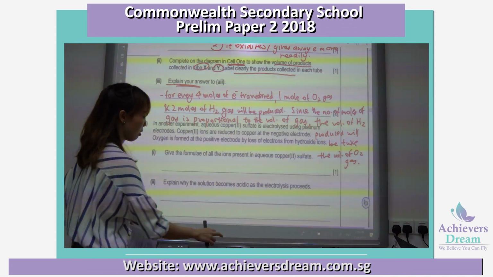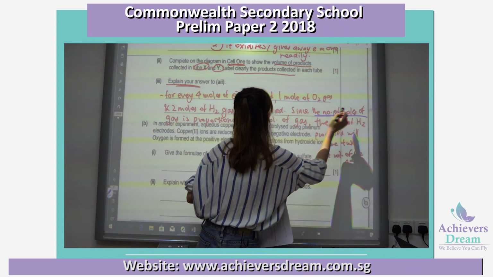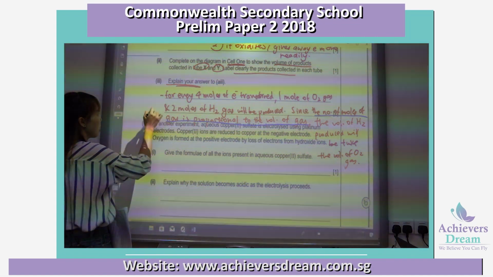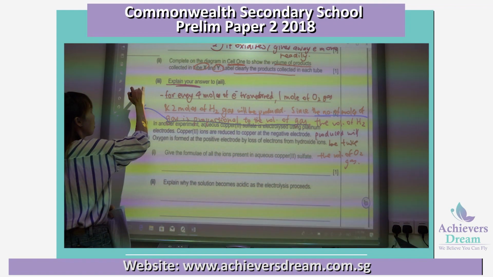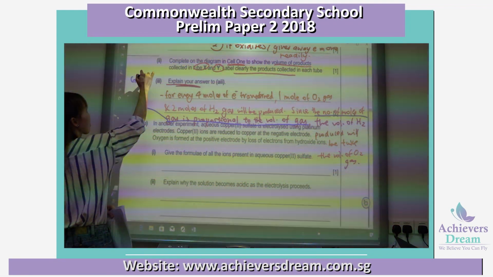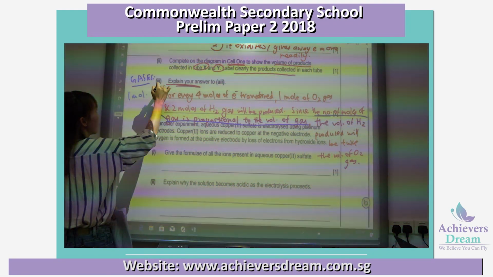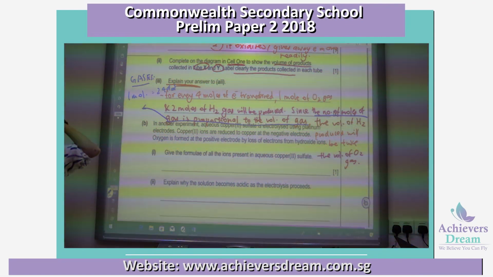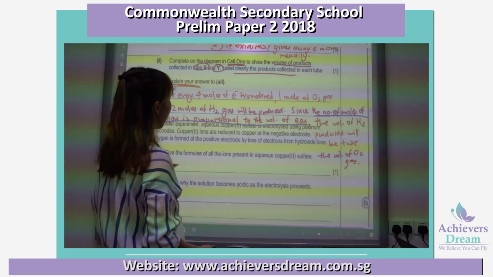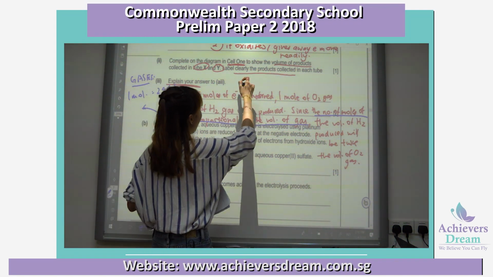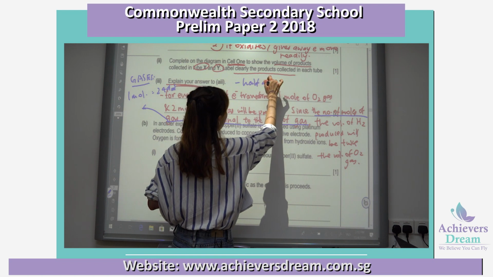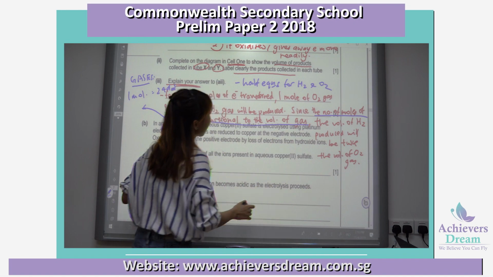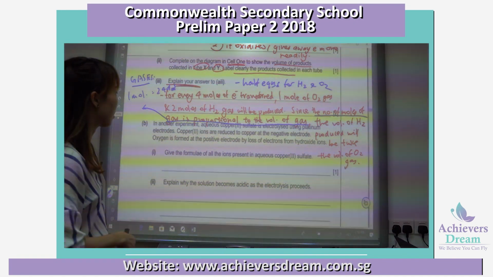So the main part here is the number of moles of gas is proportional to the volume of gas. How do we know this? It's based on this formula. You know that for all gases, 1 mole will occupy 24 dm cube. So the number of moles is always proportional to your volume of gas produced. Then it's also good if you include your half equations for production of H2 and O2. Then you'll get full marks for this.